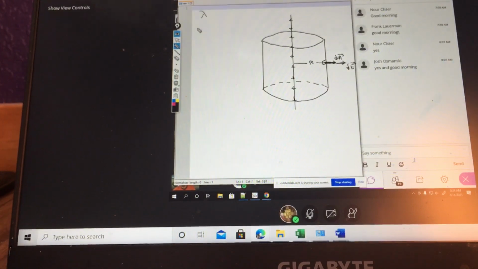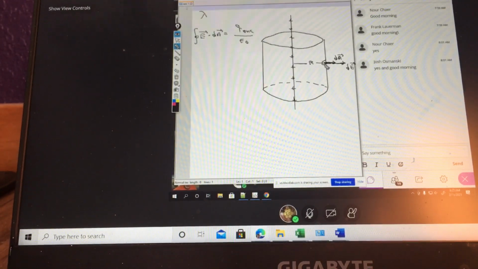Okay, now let's look at the integral of E dotted to dA, which is equal to Q over epsilon naught. Look at E and dA. They are in the same direction.